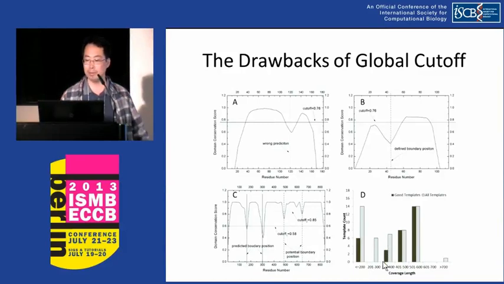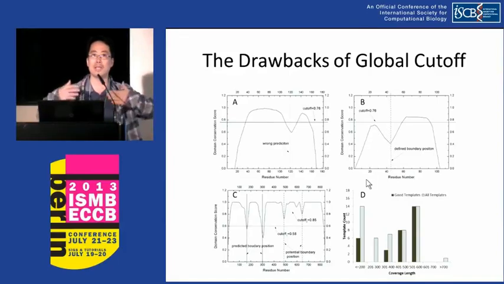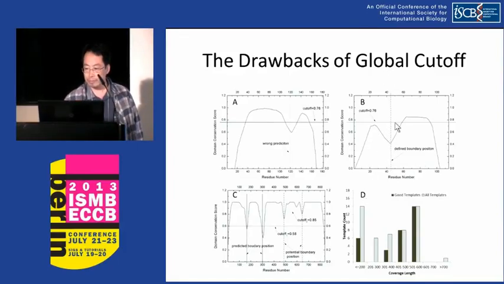In ThreaDom, we penalize residues around the gaps of the boundaries of templates. These peaks are weakened sharply. But if we use a lower cutoff, we will get the right boundaries.